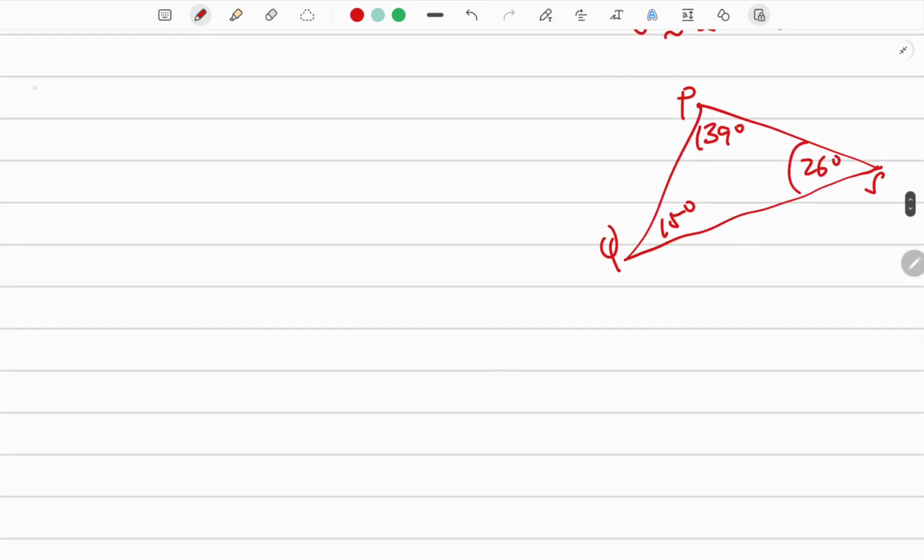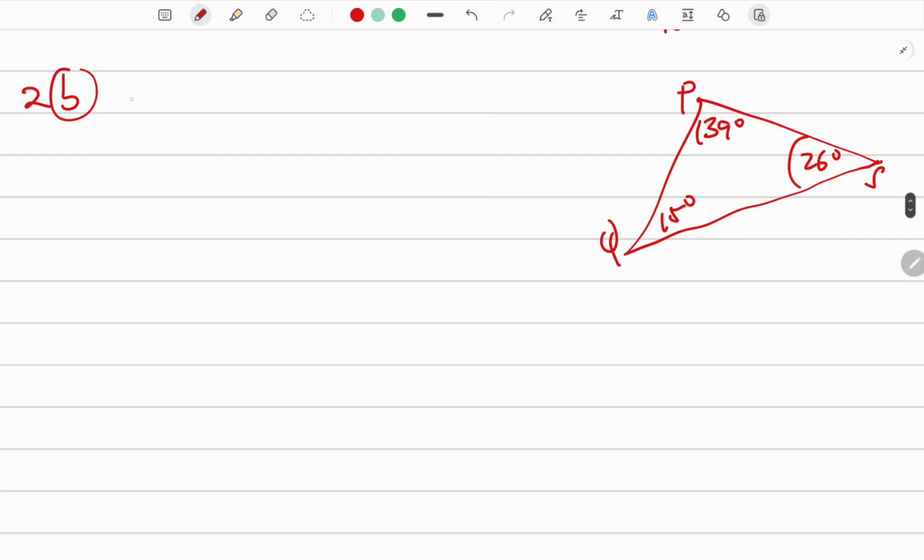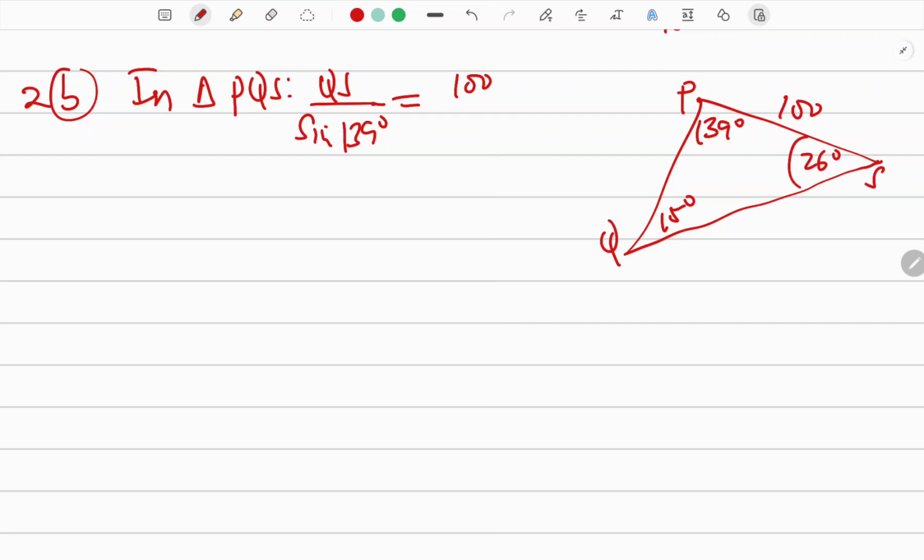I want to find QS, so in triangle PQS, QS over the sine of 139 degrees equals 100 over the sine of the opposite angle, the sine of 15 degrees.